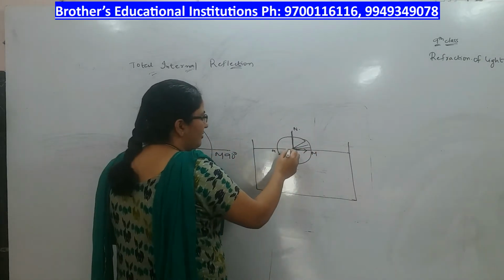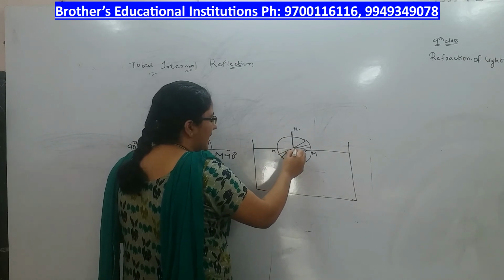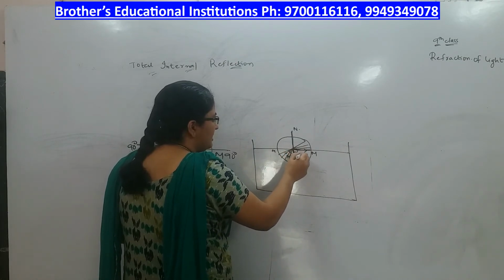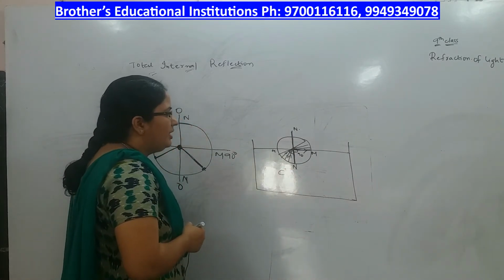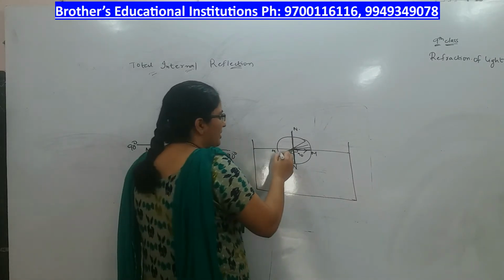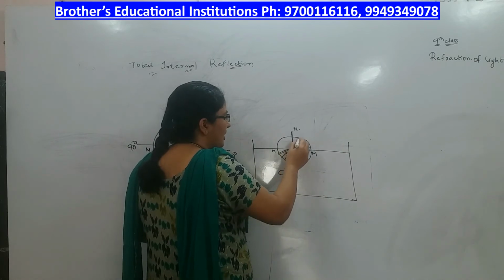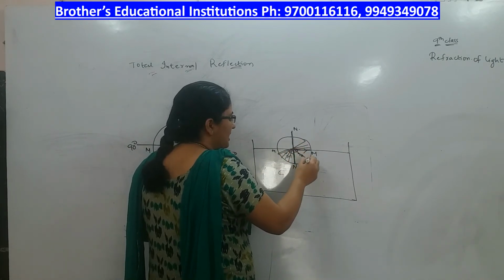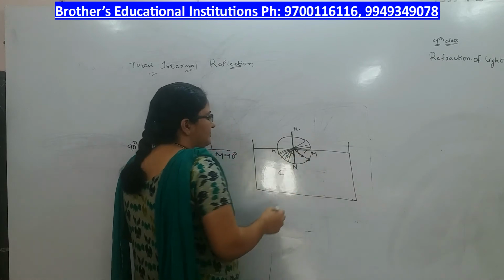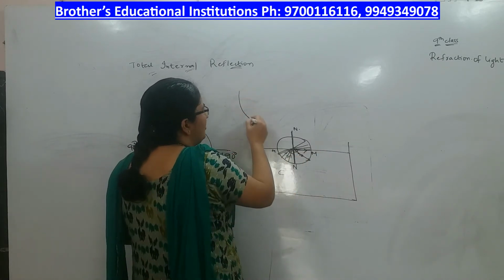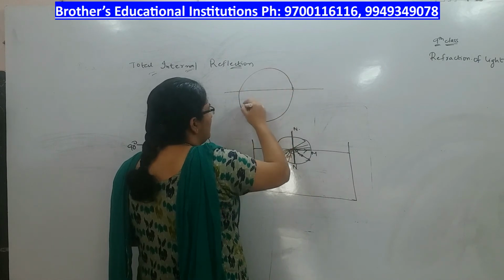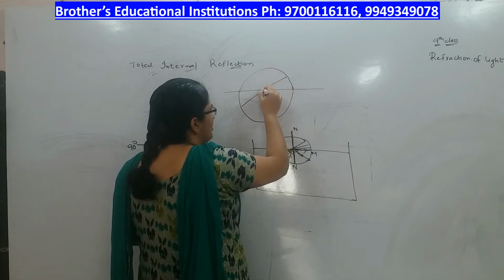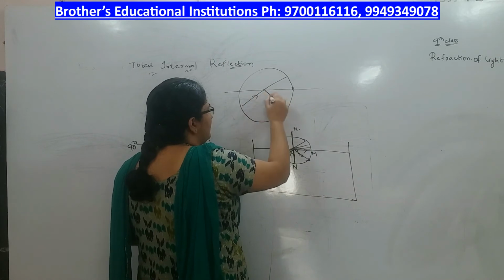This angle of incidence, for which the angle of refraction is 90 degrees, that angle is called the critical angle. So if you take the ray more than the critical angle, the straw, instead of going out like this, it appears to be coming inside like this.